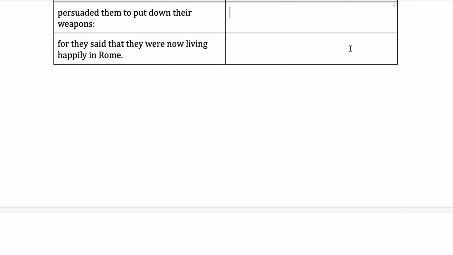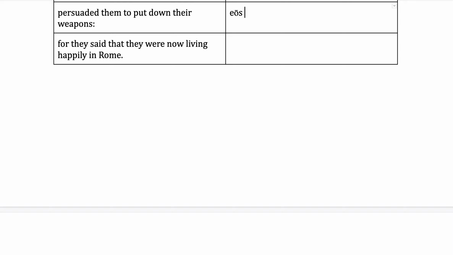And then persuaded them. Okay, so them is this pronoun is, ea, id. And in this case, since them is the object, we could say eos temporarily. We'll change that in a moment, but for now let's say eos.